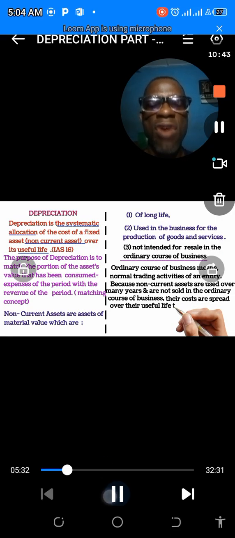While the vehicles on display to be sold are inventories, the building and the premises form the non-current asset. So it is important to be able to distinguish between non-current assets and inventories. Let's go ahead.